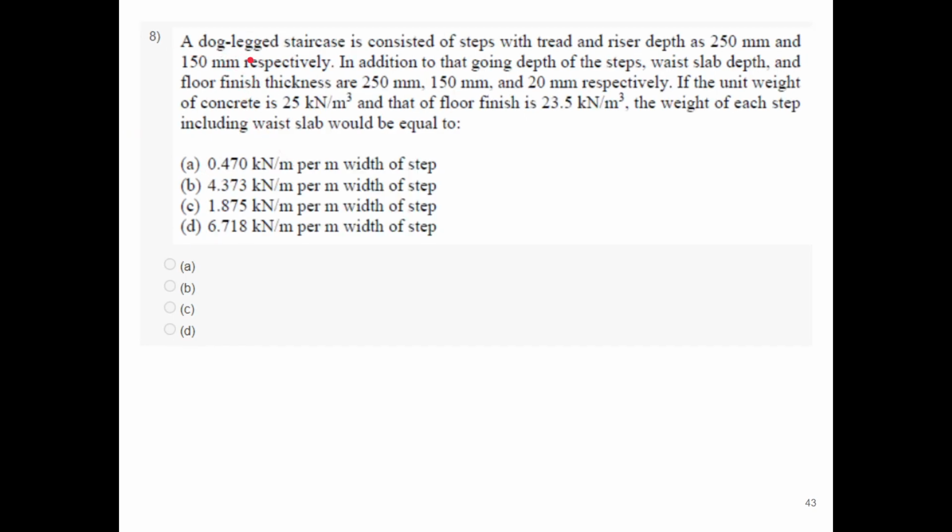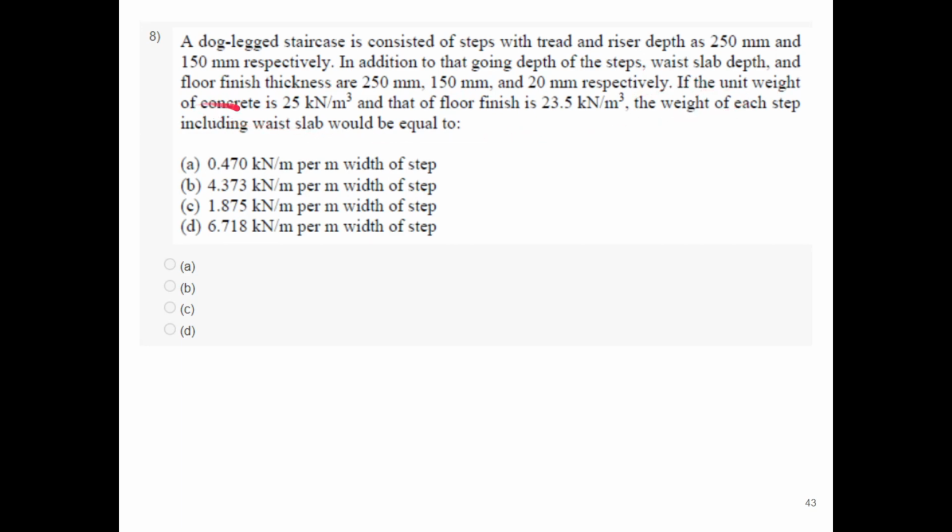Eighth question. A dog-legged staircase consists of steps with tread and riser depth as 250 millimeter and 150 millimeter respectively. In addition to that, going depth of the steps, waist slab depth and floor finish thickness are 250 millimeter, 150 millimeter and 20 millimeter respectively.